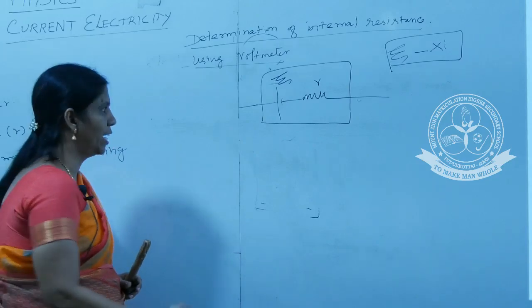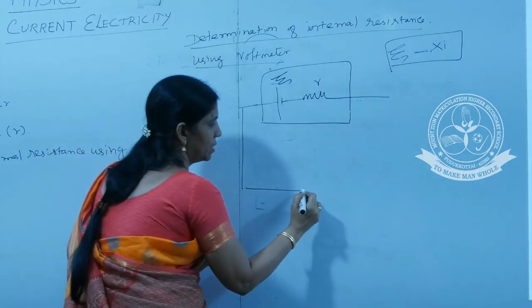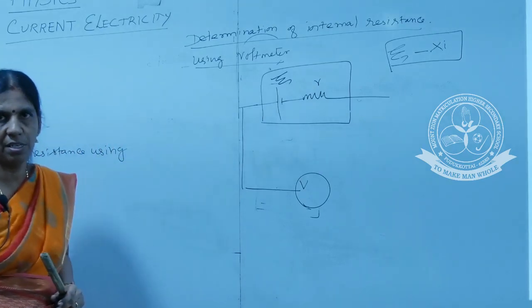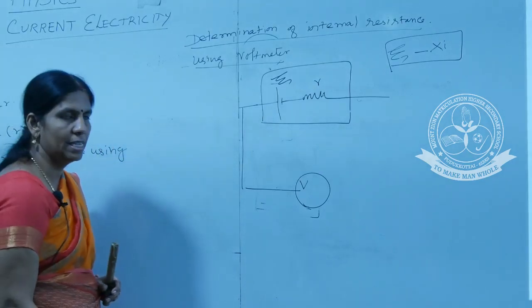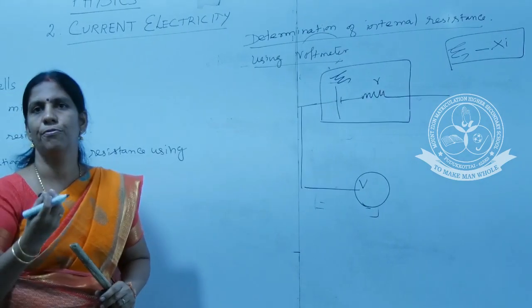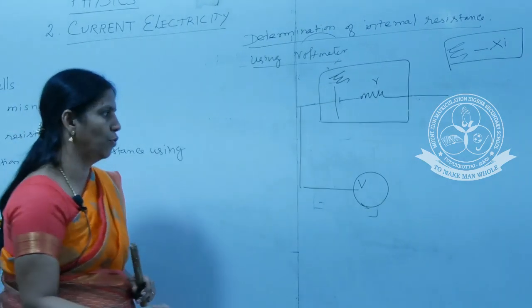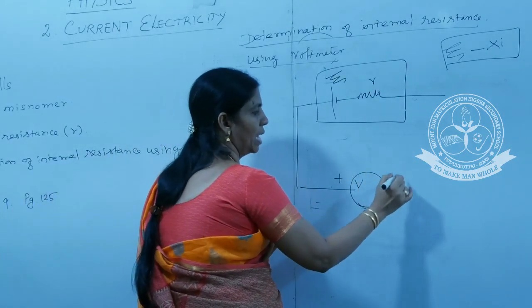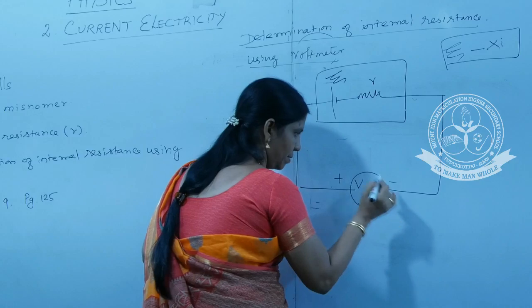It is directly connected to a high resistance voltmeter. Especially we take a high resistance voltmeter because it draws only a feeble current. We can measure the terminal voltage with the help of the voltmeter.